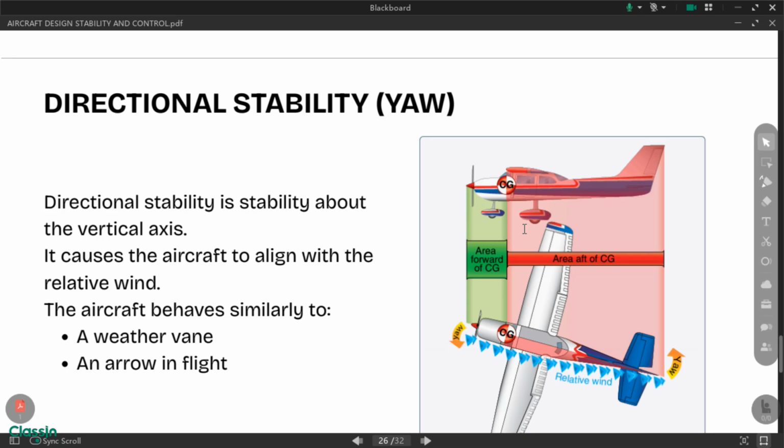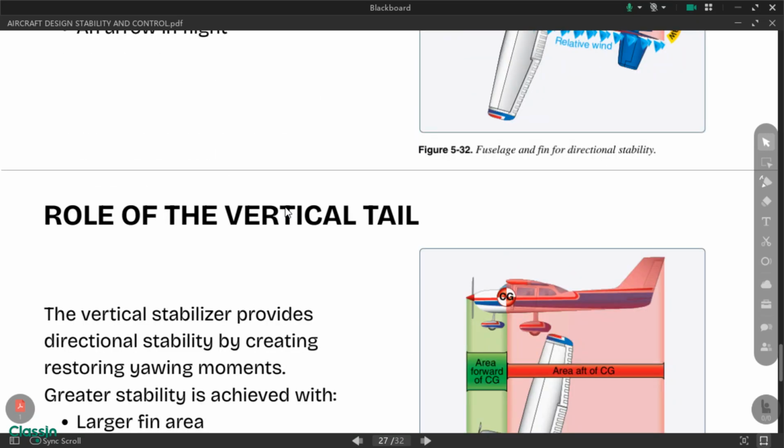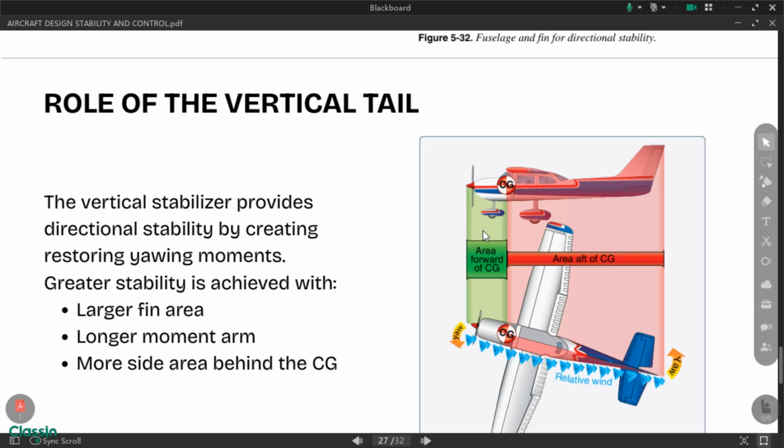Let's say if a gust causes yung nose natin to yaw away from the relative wind, if we want a directionally stable aircraft, yung aerodynamic forces natin should generate a restoring moment that would realign yung aircraft natin to the relative wind. Okay? So, the primary component responsible para sa behavior na to would be yung vertical stabilizers natin. So, more on vertical stabilizers, no?